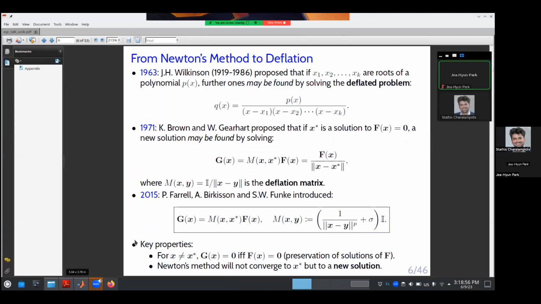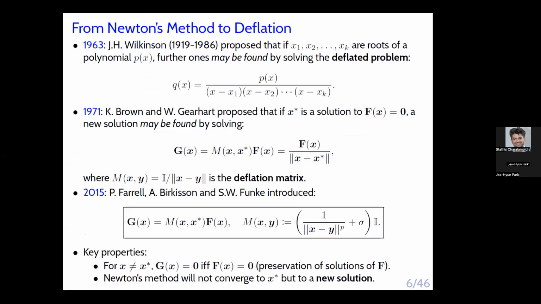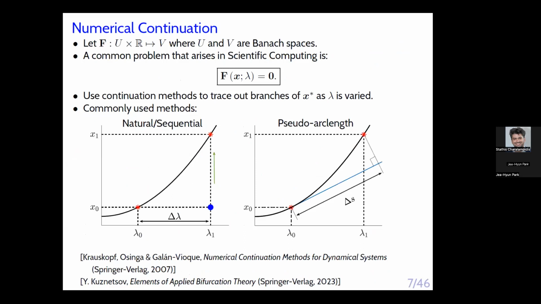Okay, so now this is interesting because there are many other problems that we are very much interested in that involve a parameter. So when you cast, let's say, a nonlinear problem, you might actually have a parameter. I'm calling it lambda. That could be, for example, if you're looking for traveling waves, the speed of a traveling wave.